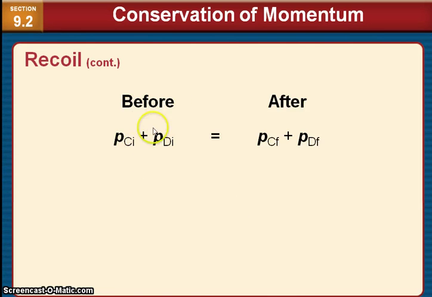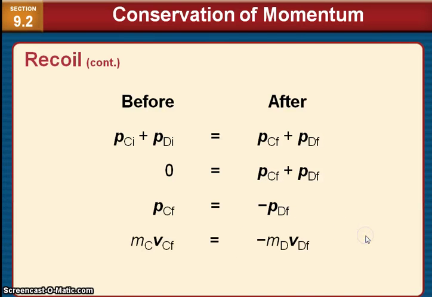So, same thing, momentum before has to be equal to the momentum after, but since the momentum before is 0, these two have to add to 0, which basically means one needs to be positive and one needs to be negative. Okay, M of C times VC final equals negative M of D VD.